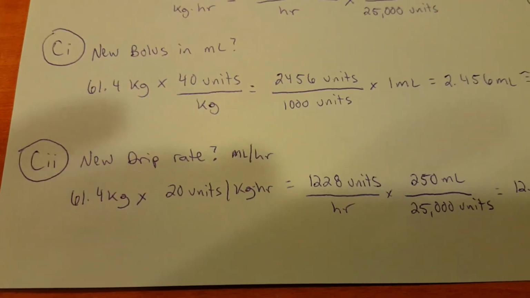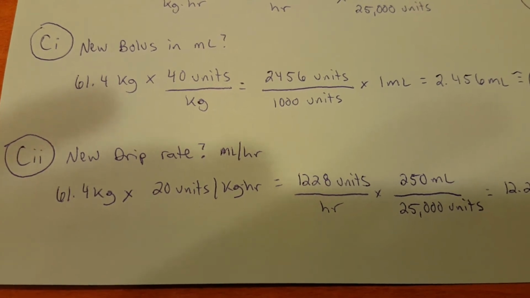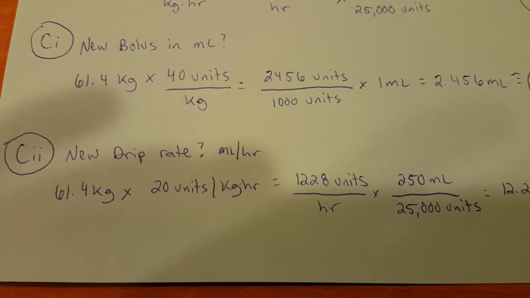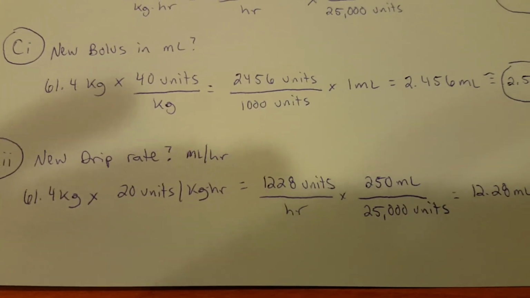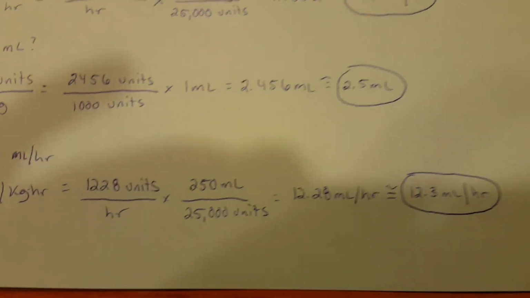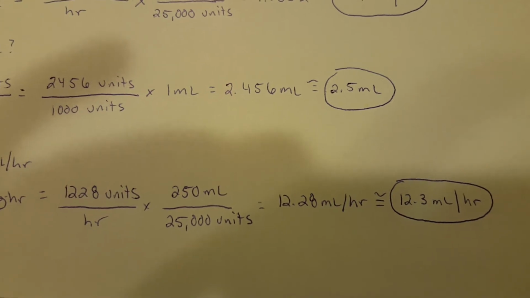And then finally, the drip rate. Because it started at 18, the directions say to add 2 units, so we're going to increase by 2. That's 61.4 times the 20 units per kilogram per hour. We get 1,228 units per hour. We multiply that again by the heparin bag, 250 ml, 25,000 units.